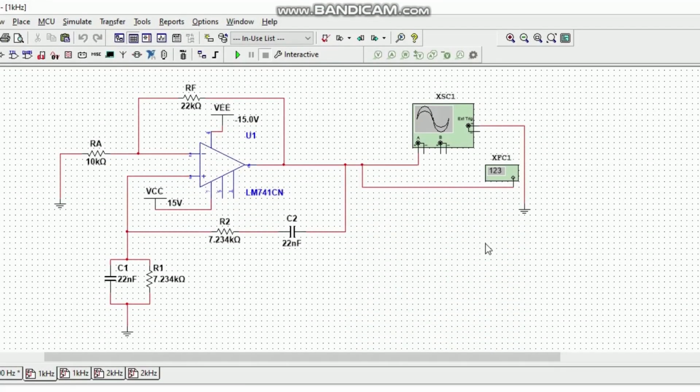For the next circuit, the targeted frequency will be 1 kHz. The value of R1 and R2 is changed to 7.234 kilo ohm, and C1 and C2 are still the same value. Let's check the plot.